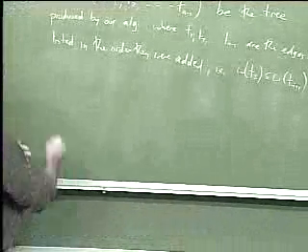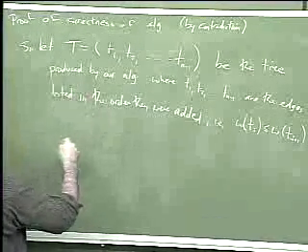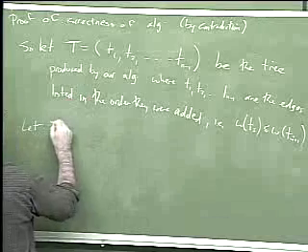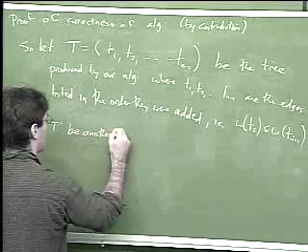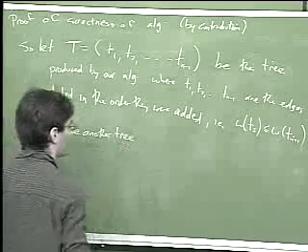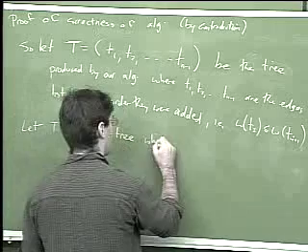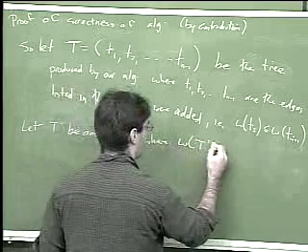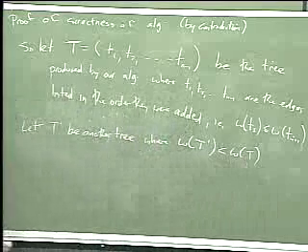So that's T. And so we're assuming our algorithm didn't find the correct tree, let T prime be another tree where the weight of T prime is less than the weight of T.